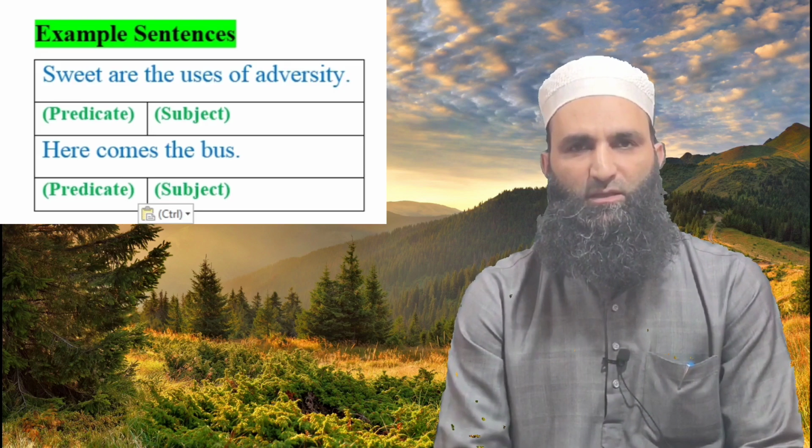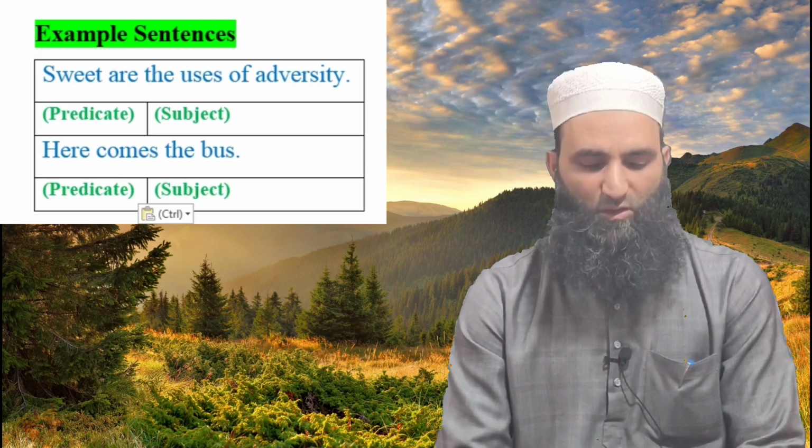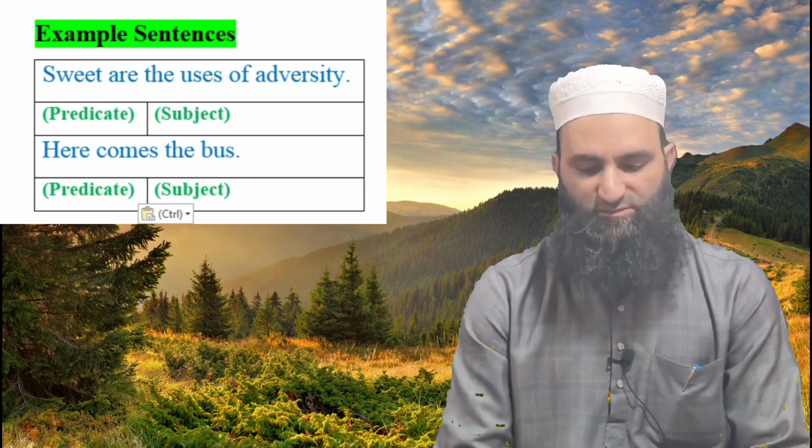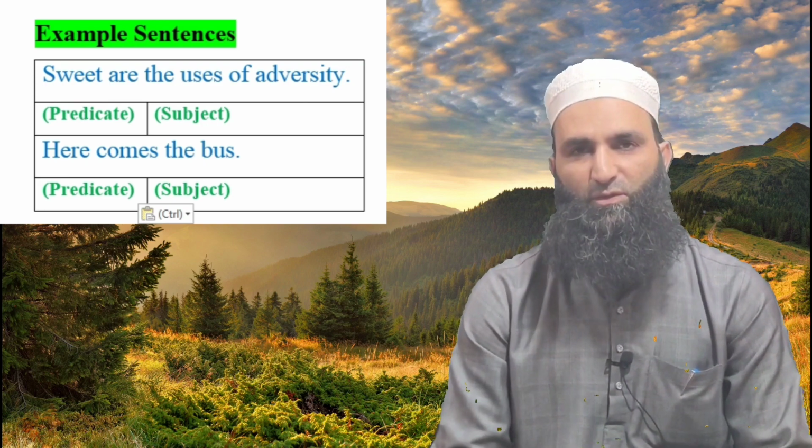This happens in the English language as well. I can give a couple of examples of this type as well. Sweet are the uses of adversity. Here comes the bus.